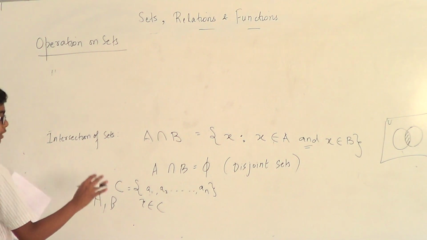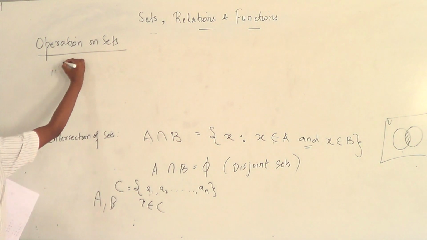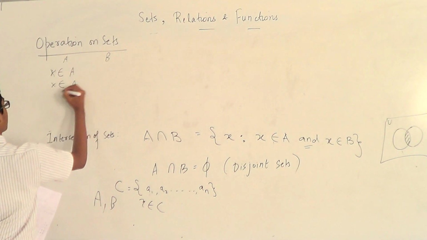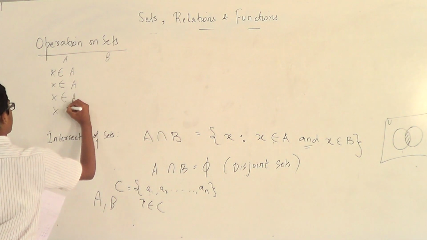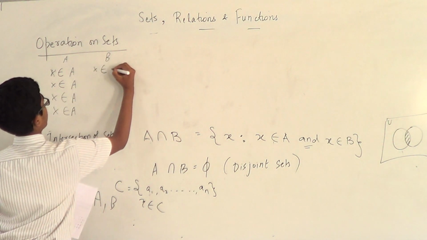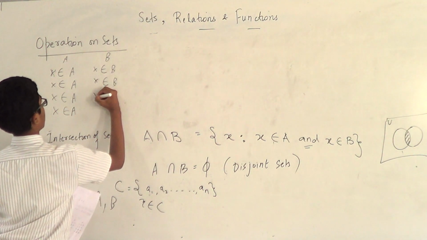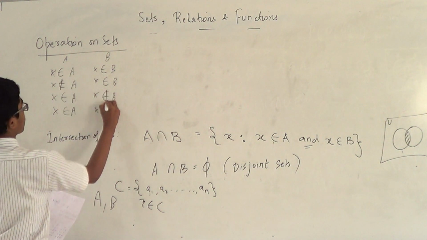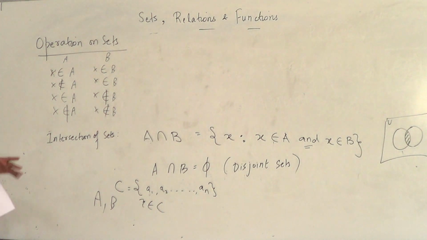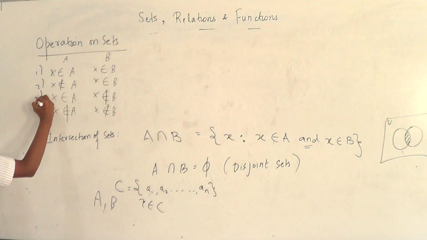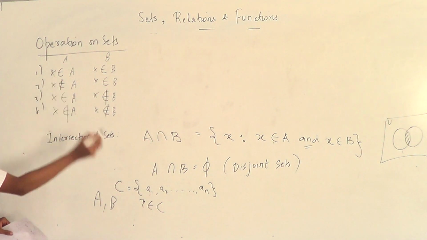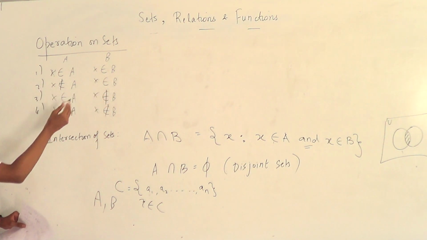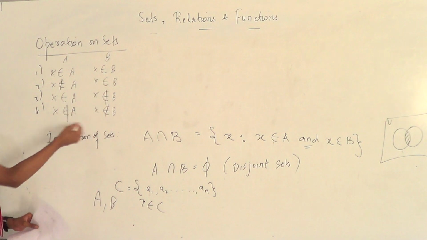Now there are 4 possibilities. Either X can belong to A, X can belong to B, or X belongs to A and not to B, or X belongs to neither subset.